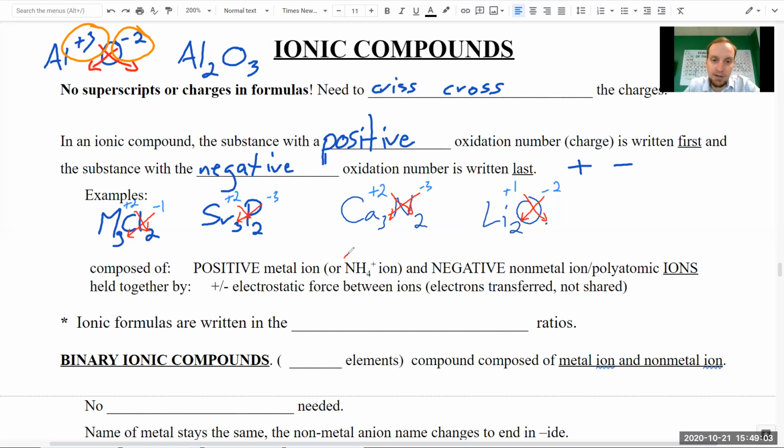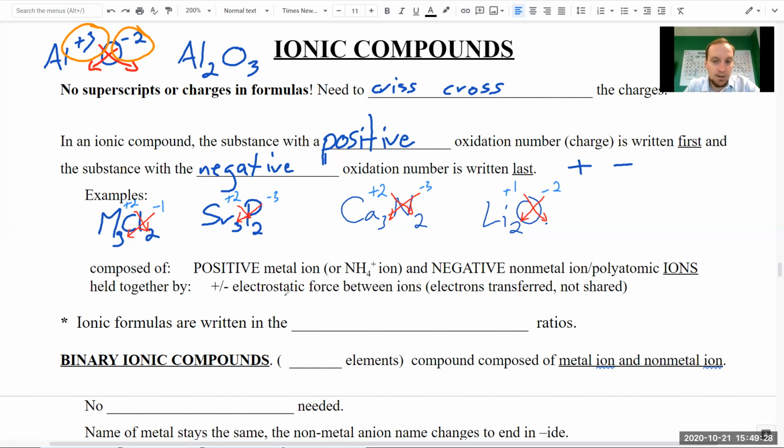An example would be this right here. That is a polyatomic. They are held together, of course, ionics I'm talking about, by the positive and negative electrostatic force between the charged ions. Because the opposite charges attract, they are going to be bound together quite strongly, and that is much, much stronger than the covalents that share their electrons.